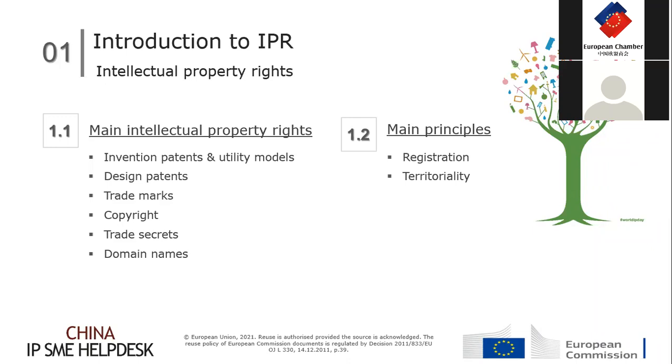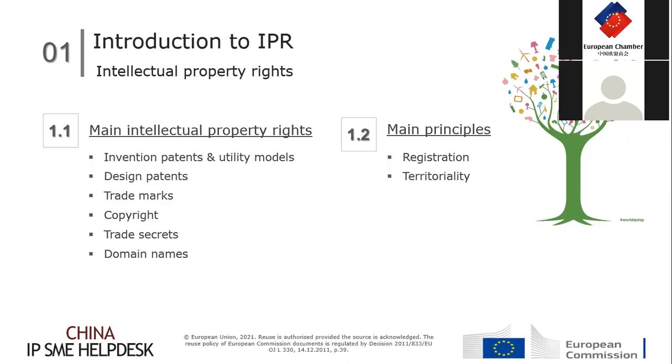So we have a different set of intellectual property rights. We have innovation patents and utility models. We have design patents, trademarks, copyright, trade secrets, domain names. Each one of them has a very unique object of protection. For example, innovation patents and utility models protect the technology or the process that a certain innovative object has.